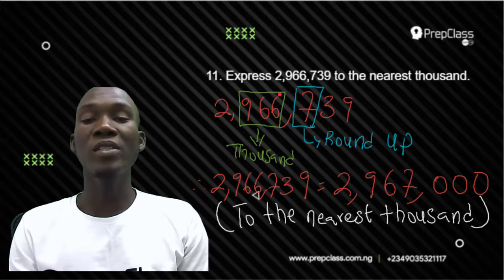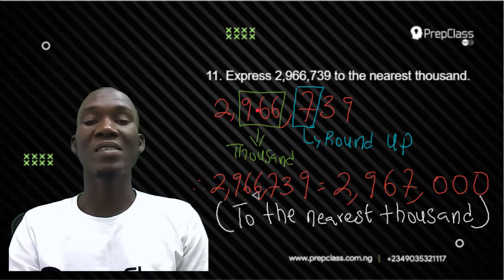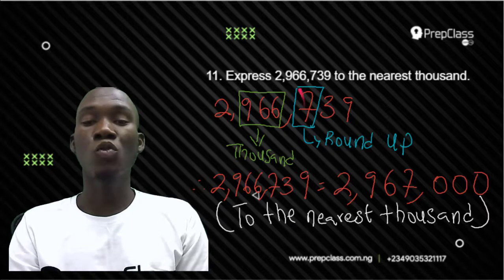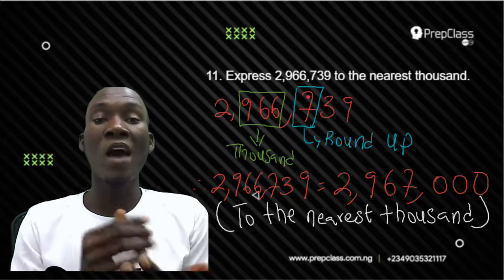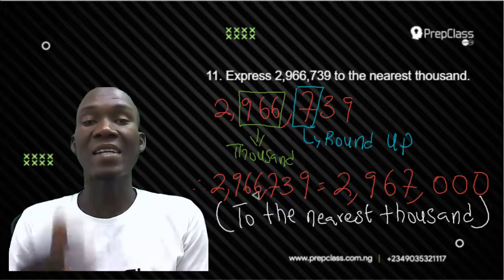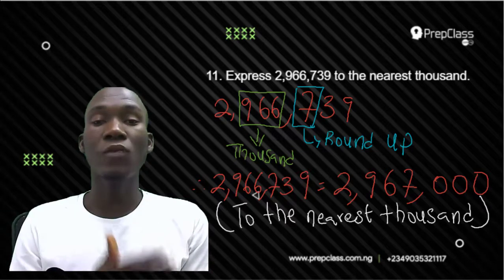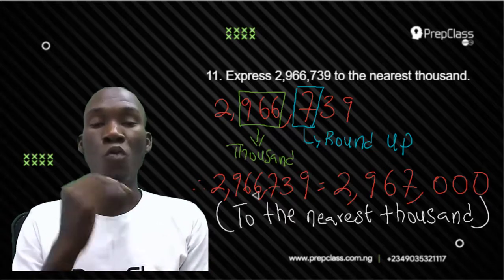Now because we are rounding to the nearest thousand, we have to identify the thousand position, which is 966,000. Now to round this to the nearest thousand, we consider the digit after the thousand position, which is 7. So we round up this 7 whenever we have a number from 5 and above, that is 5, 6, 7, 8 and 9. We are going to round it up. If you have anything below 5, that is 4, 3, 2, 1, 0, we round it down.